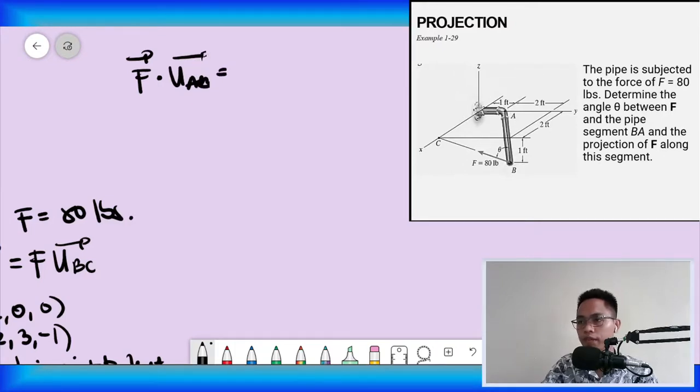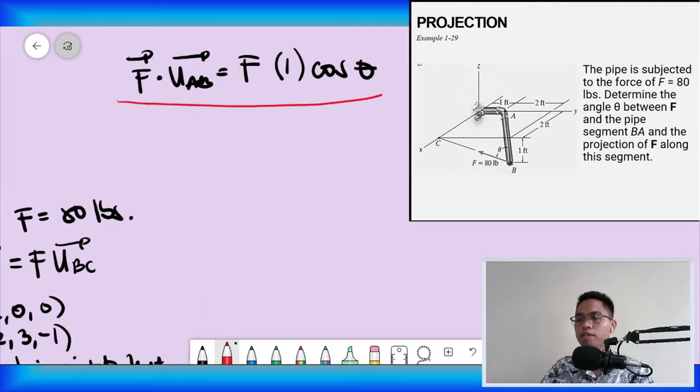That would be the magnitude of F times the magnitude of the unit vector, which is also 1, and then multiplied by the cosine of the angle in between them. Using this expression, we can immediately solve the angle theta that we need. But again, we need the value of F in Cartesian vector form. We need the magnitude of F, which is given as 80. And we also need this unit vector AB.